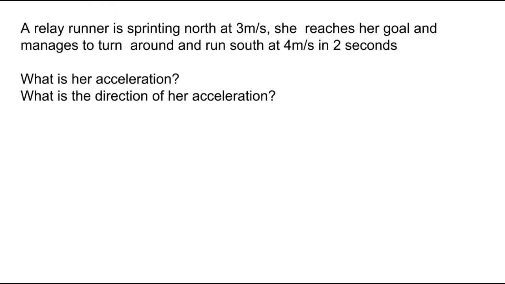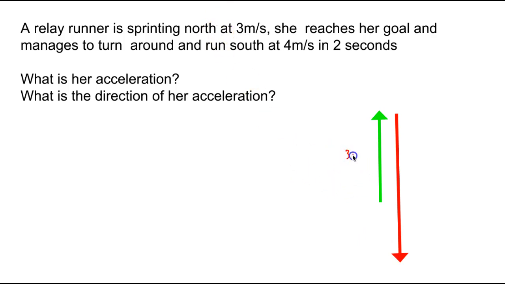So again, let's draw this out. We've got to always draw our problems. So I go north at 3 meters per second. Let's do scale just a little bit, so we'll make that a little shorter. And then let's change our color for our direction. Let's say it's red at 4 meters per second. All right, let's get our labels on there.